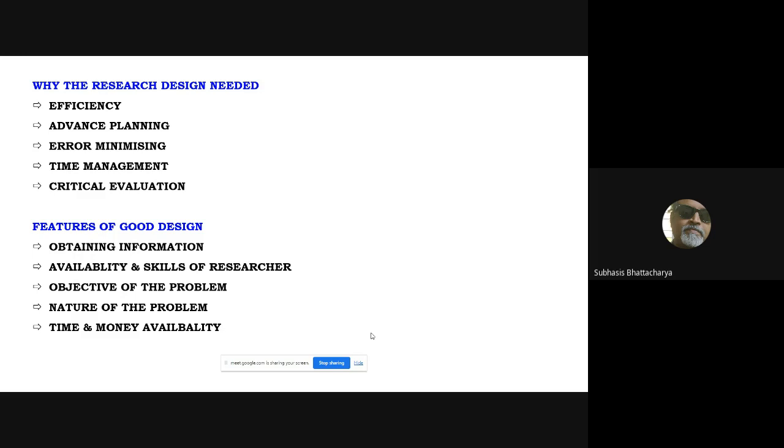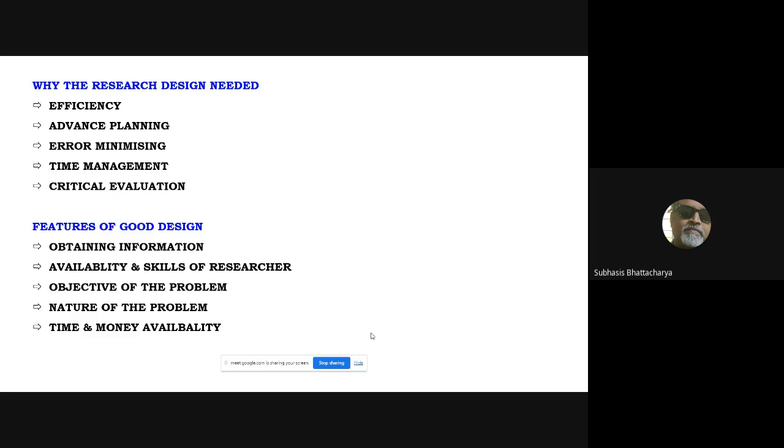You have to minimize your error, you have to manage your time, and you have to find a solution which is critically evaluated. This is the need for research design.